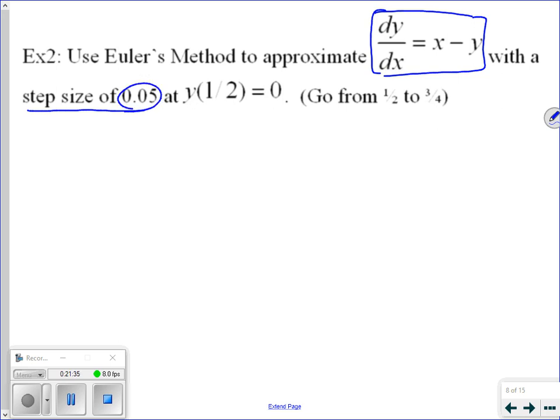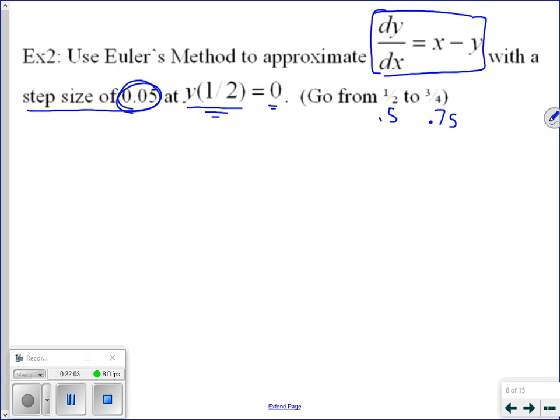Okay? And our initial condition is at 1/2. I know at 1/2 that the y value is 0. So I'm going to start there with a step size of 0.05. And I am going to go from my starting point, 0.5, all the way to 0.75. I want to approximate 0.75. Okay? All right. Well, let's set it up.